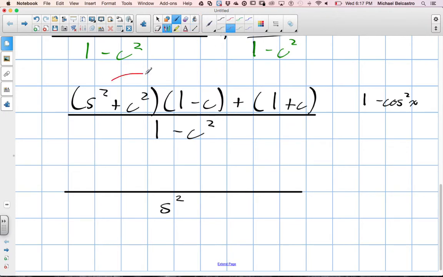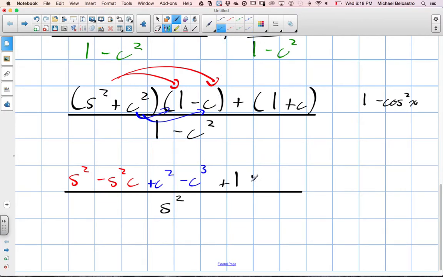So when we FOIL, we do that by that, and c squared by both of them also. So we're going to end up with s squared minus s squared c, okay? And then we'll have plus c squared minus c cubed. Okay, is that right? And then all of that is plus 1 plus c.